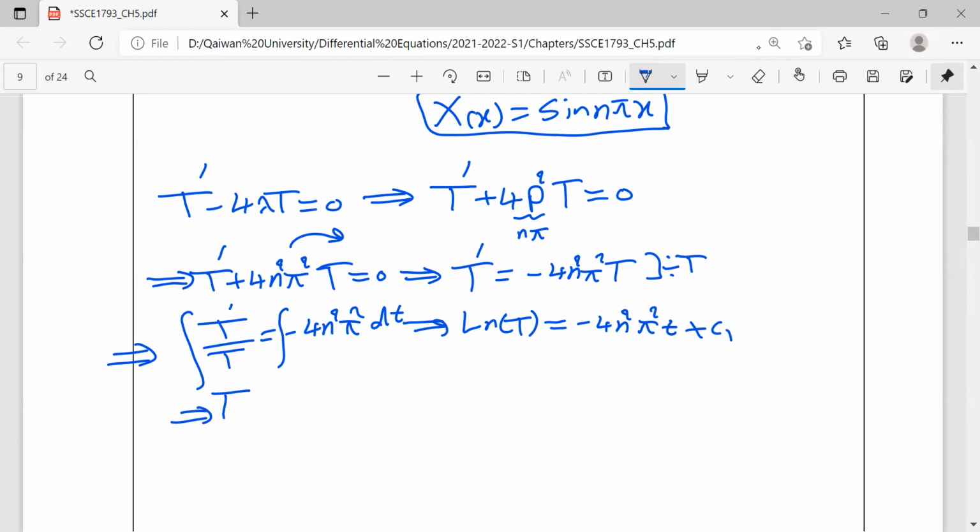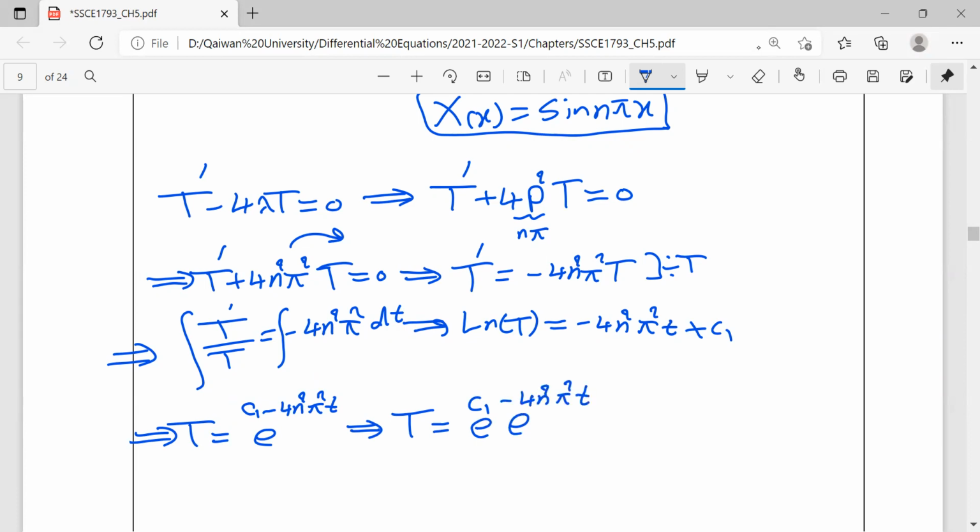It's plus c1. So if we take ln for both sides, after taking the integration, we get a constant of the integration, which is c1. We take e for both sides, so t is e to the power c1 minus 4 n squared pi squared t, and so t equals e to the power c1 times e to the power -4 n squared pi squared t.